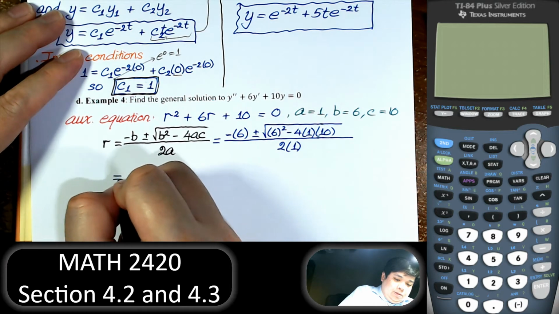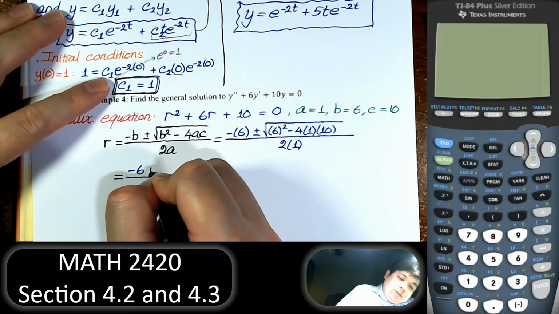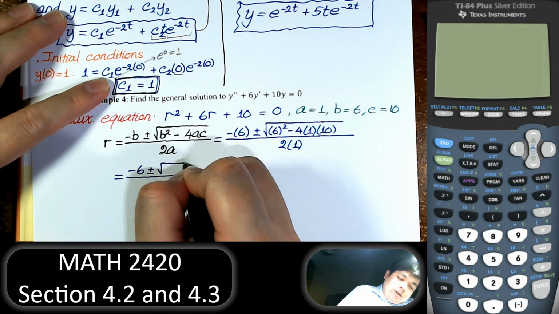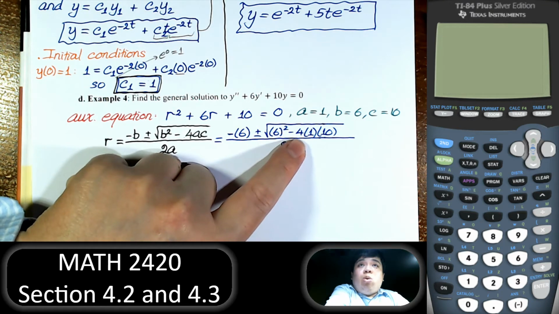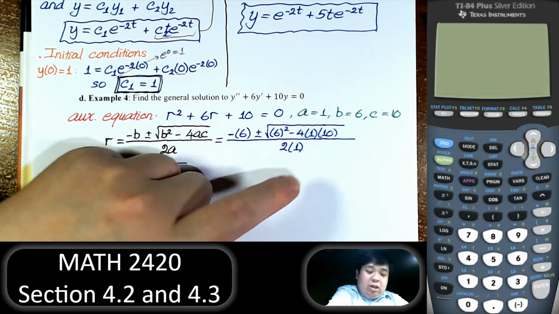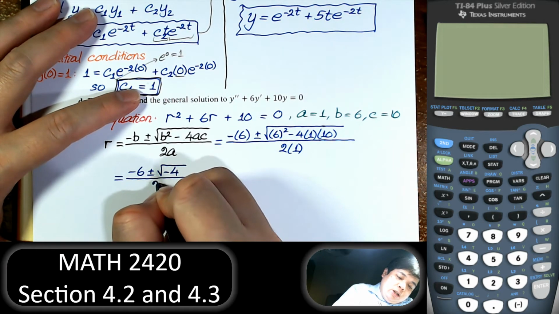Negative 6 plus or minus square root. 6 squared is 36 minus 40. 36 minus 40 is negative 4, and 2.